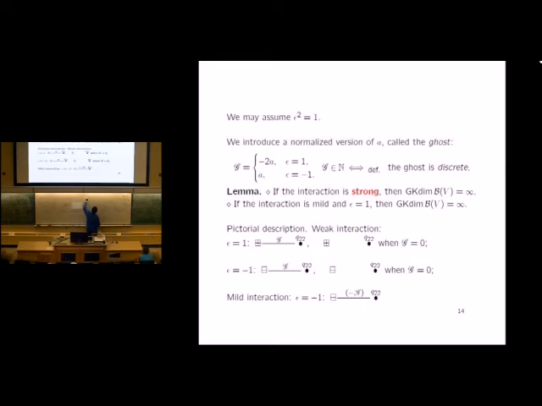So this means, so here I will put Q22. So in this case, the first two rows mean that the interaction is weak.